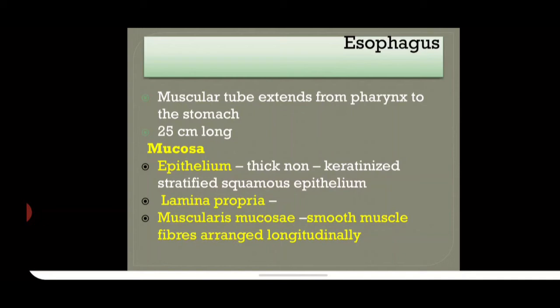These stress factors would disturb the simple columnar epithelium if it were present. So it has been modified, and only in this part the epithelium is thick non-keratinized stratified squamous epithelium. The other layers of the mucosa are the lamina propria, and in the muscularis mucosae, one layer of smooth muscle fibers arranged longitudinally. So you should appreciate the epithelium of the esophagus differing from the other parts of the GIT.